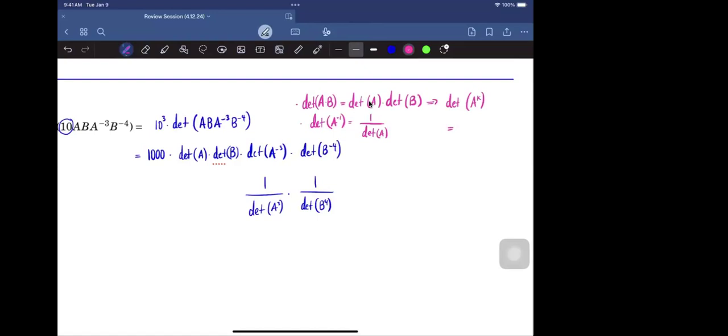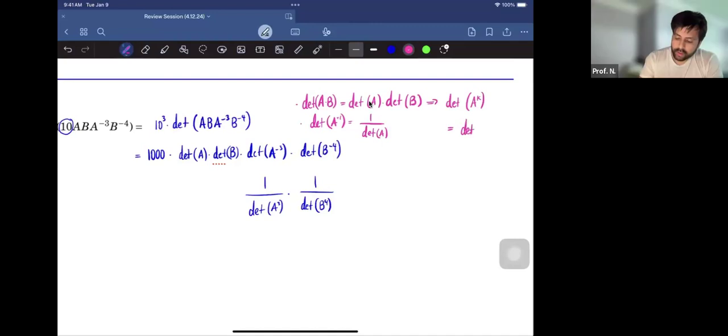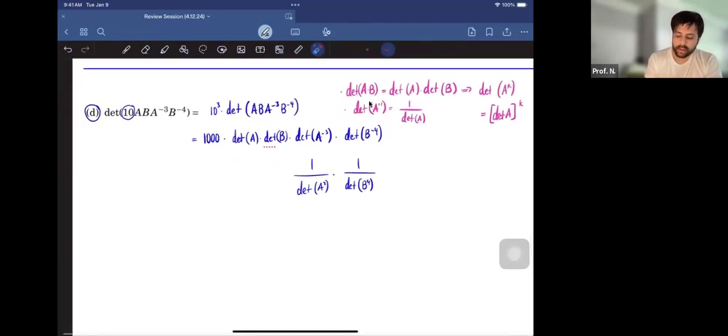Take the determinant of A and then just raise that to the kth power. That's exactly from this property. Now we're just iterating over a product of the same matrices.